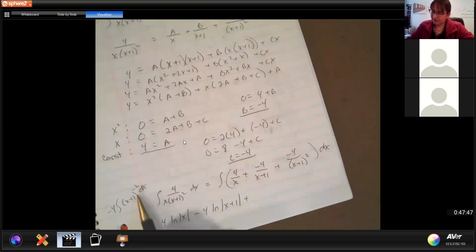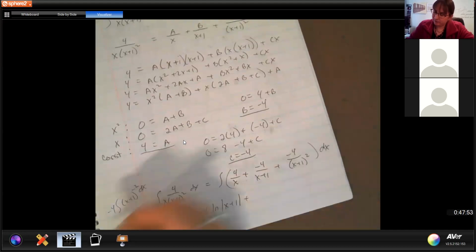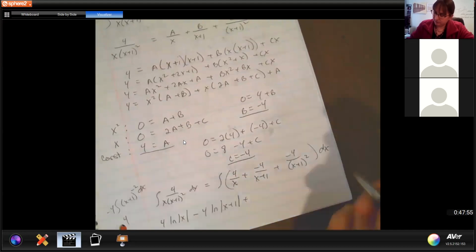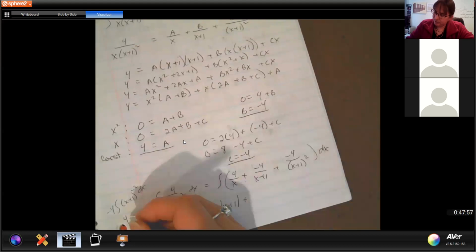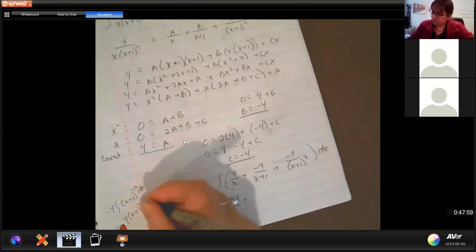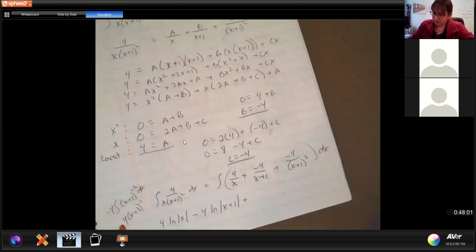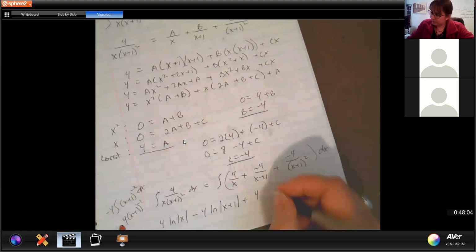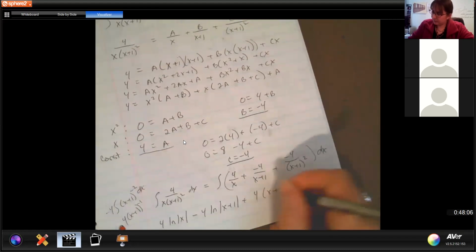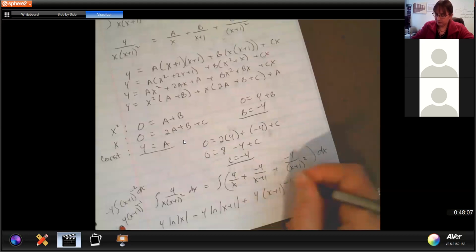You add 1. Let's see. So it's -1. So we're looking at 4 (x plus 1) to the -1. So this is going to be plus 4 (x plus 1) to the -1 plus C.